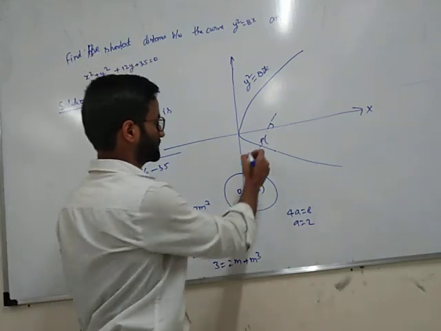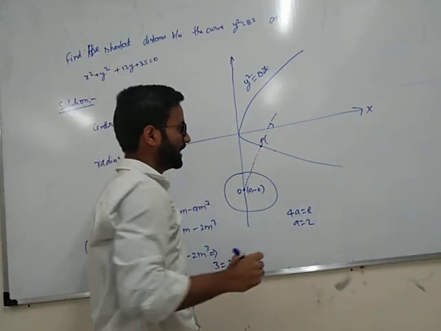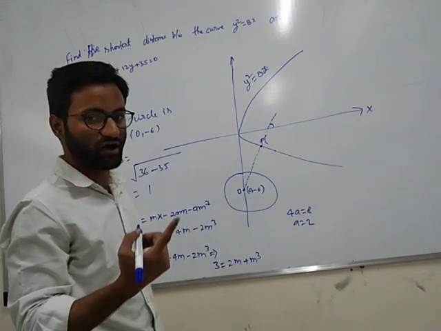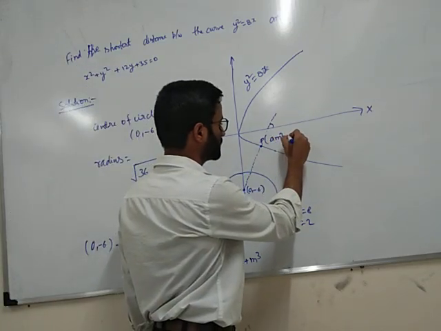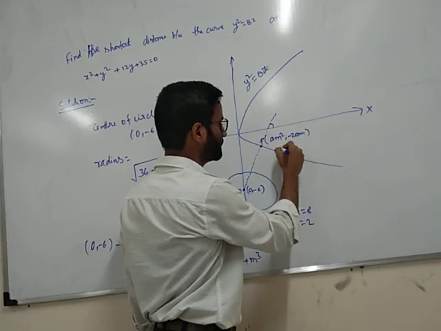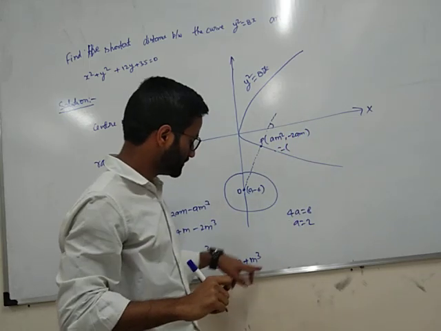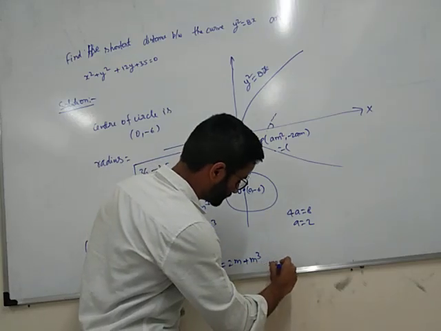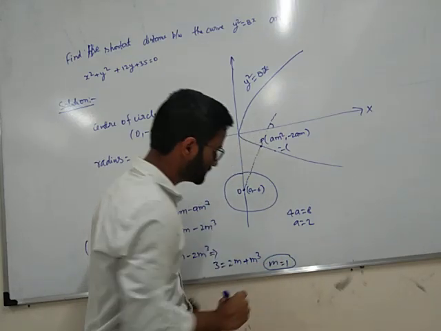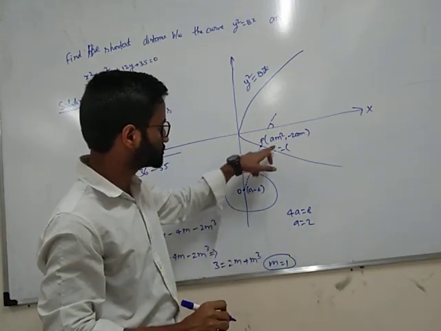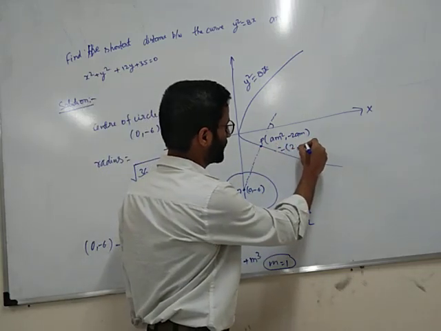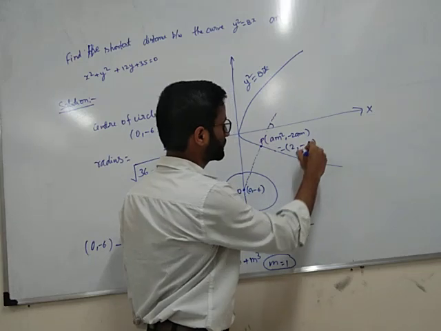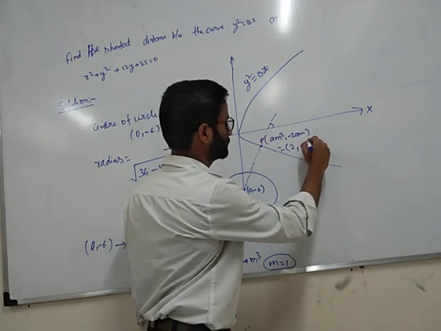We know that the coordinates of this point P in terms of slope are am square comma minus 2am. As I told you, m is equal to 1 satisfies this cubic equation, and a is equal to 2, so put it here. So P is 2 comma minus 4.